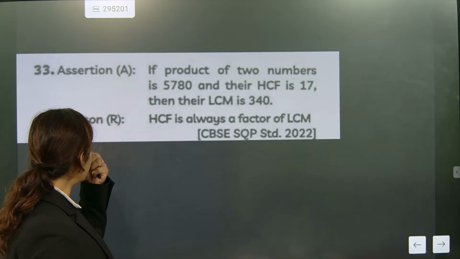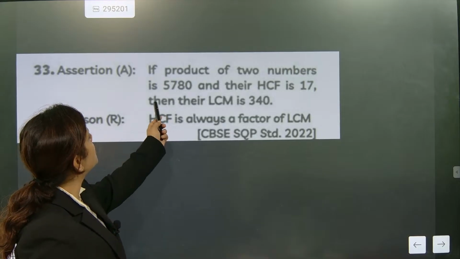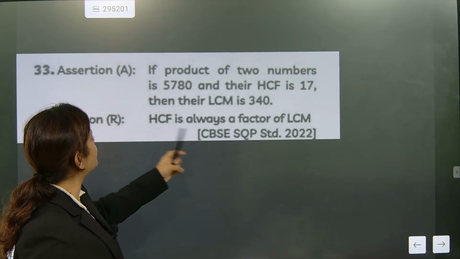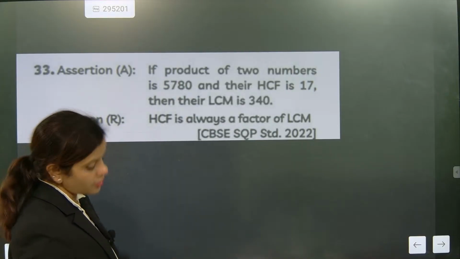Two people are telling option A. If the product of two numbers is this and then HCF is this and LCM, HCF is always a factor of LCM, correct.